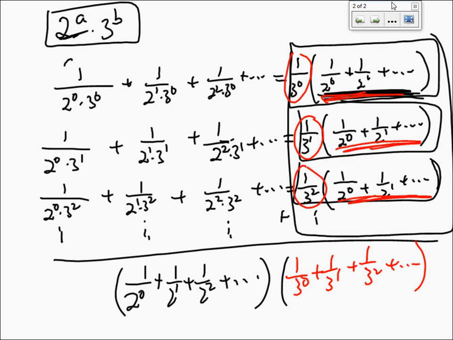Wish I had a little bit more room on the right, but I'll put it here. I would have 1 over 5 to the 0 plus 1 over 5 to the 1, etc.